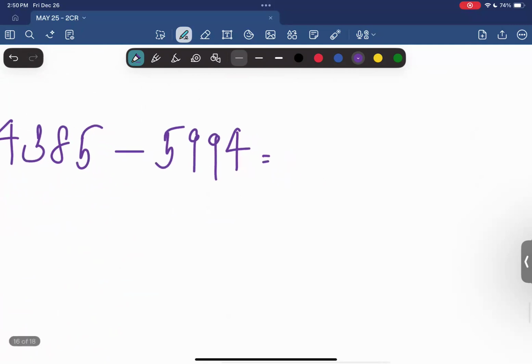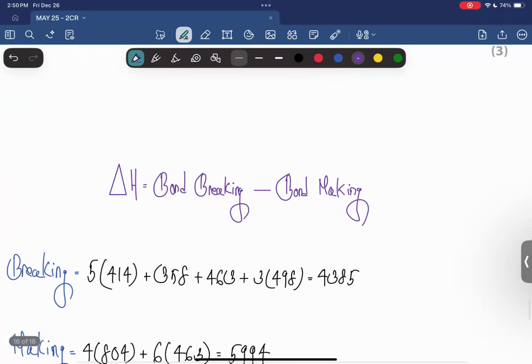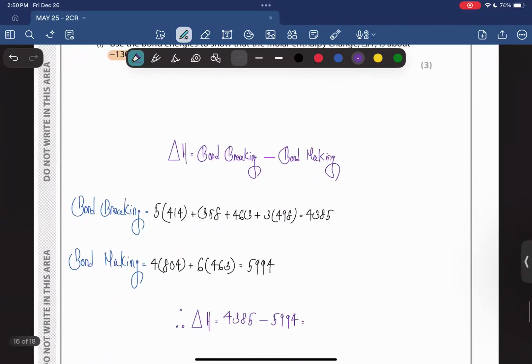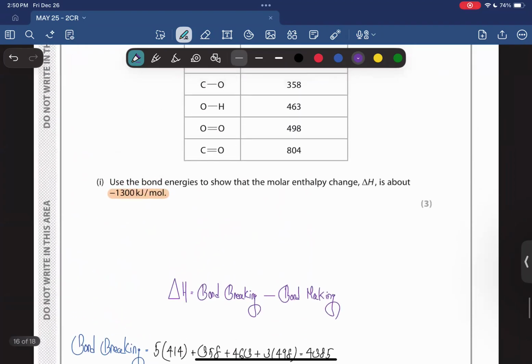So this is coming as minus... I feel like I made some sort of a mistake. It's minus 1300 kilojoules per mole. Okay, so just a moment.